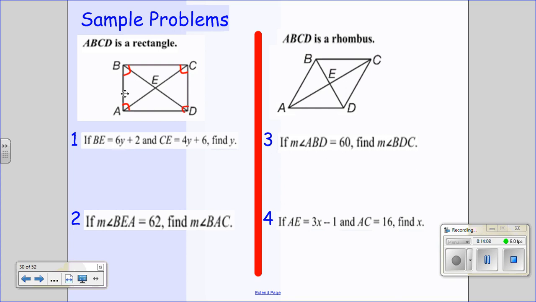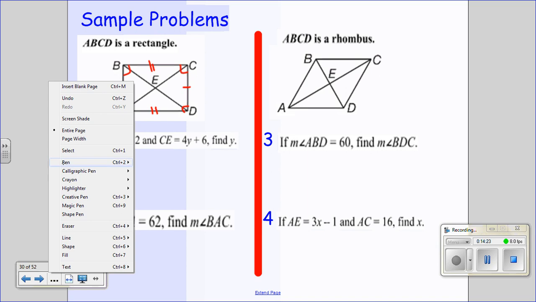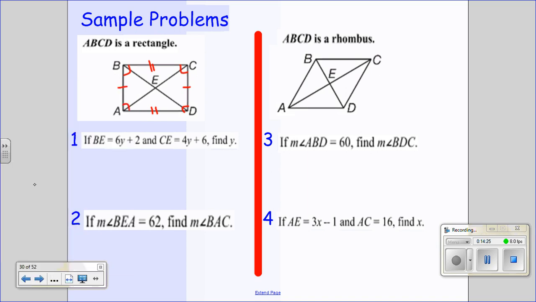We know that the opposite sides are congruent. So BA is congruent with CD. BC is congruent with AD. We also know that the diagonals are congruent. So that means these pieces AE are congruent with EC, which is also congruent with BE, which is also congruent with ED.